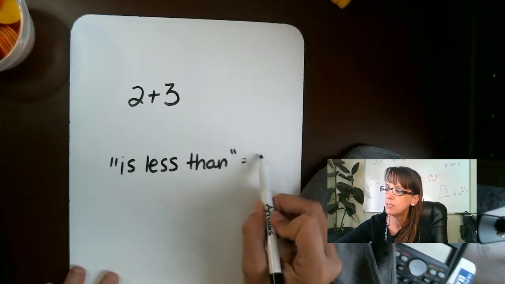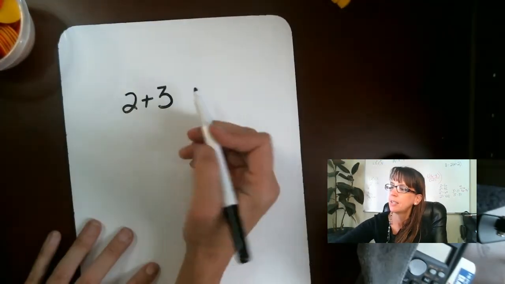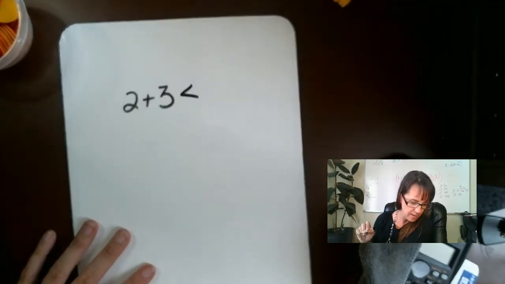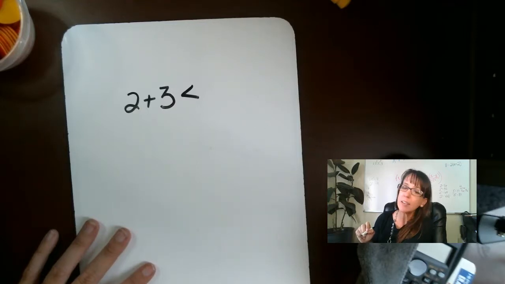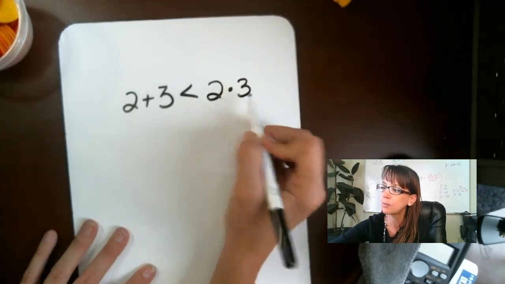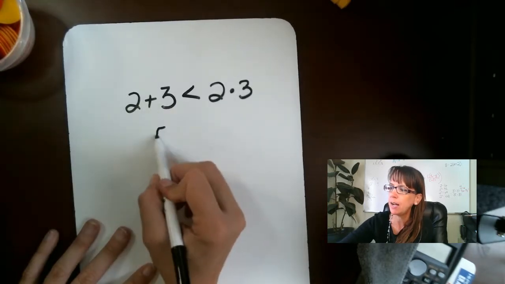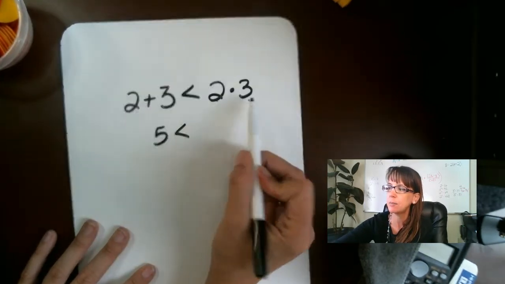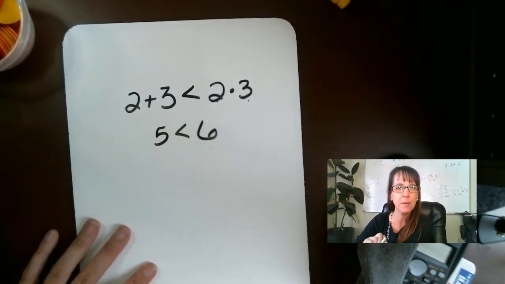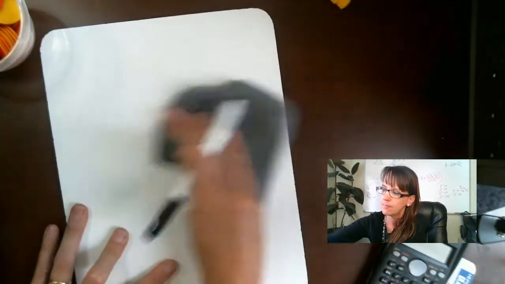That equals this one, because it looks like an L. The product of 2 and 3, and remember, product means multiply. So 2 times 3. Let's determine if this is true. 2 plus 3 is 5, less than 2 times 3 is 6. Is the alligator opening to the larger number? Sure is, so this is a true statement.